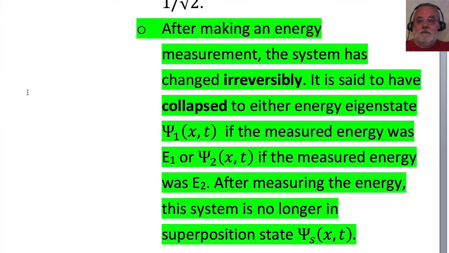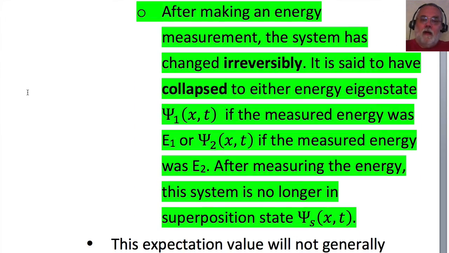Now, what happens after we make a measurement? After making an energy measurement, the system has changed irreversibly. It is said to have collapsed to either energy eigenstate psi sub 1, if the measured energy was E sub 1, or it has collapsed to energy eigenstate psi sub 2, if the measured energy was E sub 2.